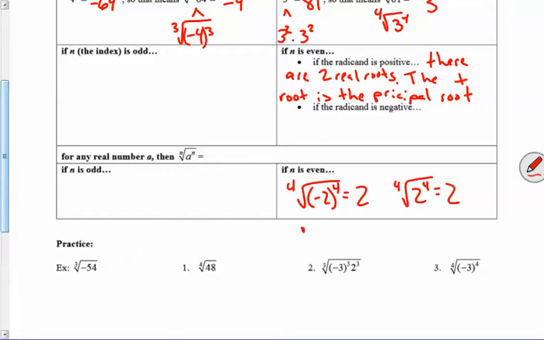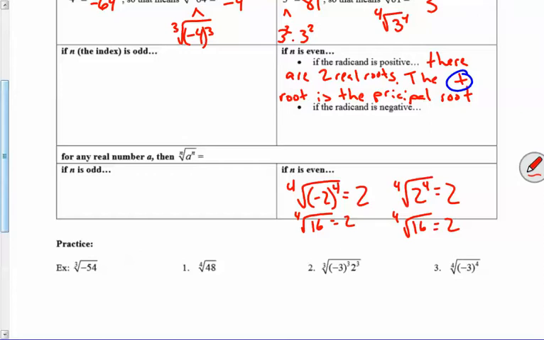This is the fourth root of 16, which is 2. 2 to the fourth also gives you 16. But again, when we're simplifying radicals, we're always just taking the principal root, and the principal root is the positive root. That's the only one we're concerned about, except when you're solving an equation. So try to keep those two situations separate, and we've talked about this before.